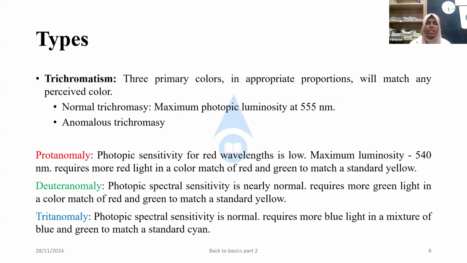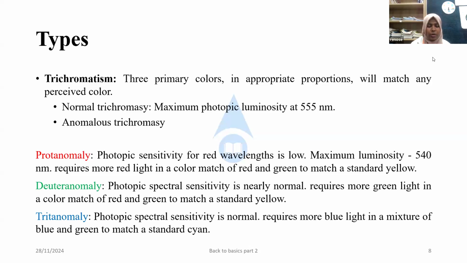Types. Trichromatism: three primary colors in appropriate proportion will match any presented colors. Normal trichromatism has maximum photopic luminosity at 550 nanometers.